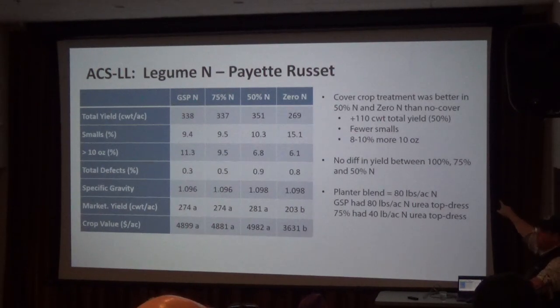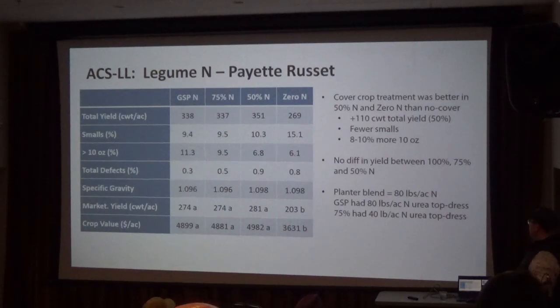And it's a 110 hundredweight difference between cover crop and no cover crop in terms of yield in that 0N plot. So that cover crop can carry over a fairly significant amount of nitrogen to the next year. And again, this one's back to the 160, 120, 80, like the other ones.